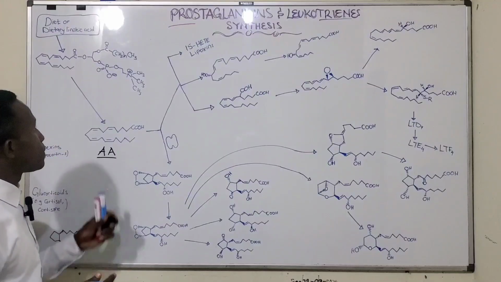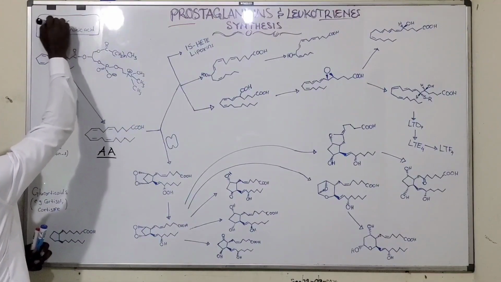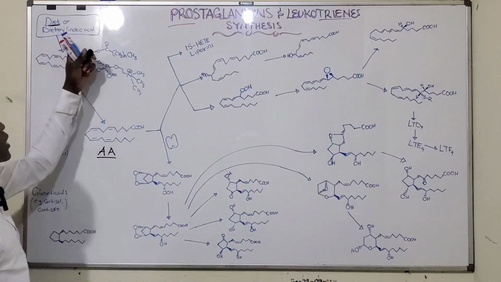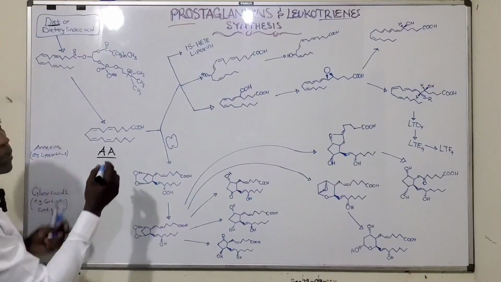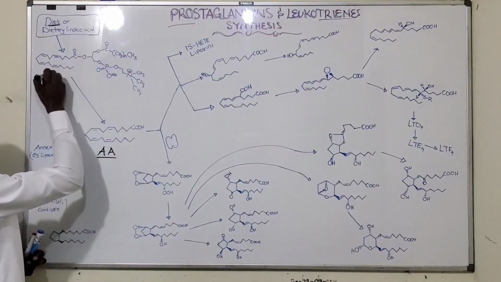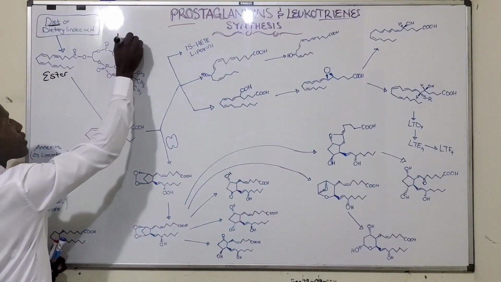How is it synthesized? This arachidonic acid is gotten from the diet, or from dietary linoleic acid. When it reaches the plasma membrane, it is esterified, mainly as lecithin.